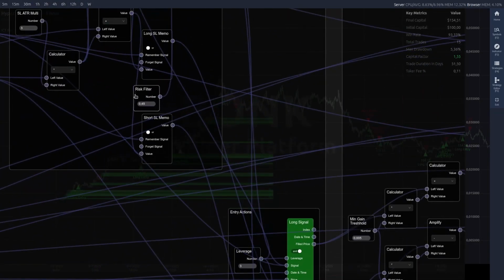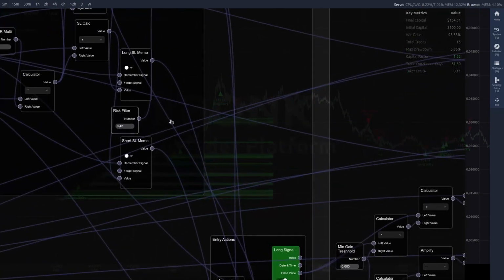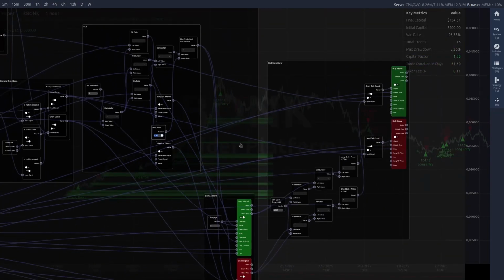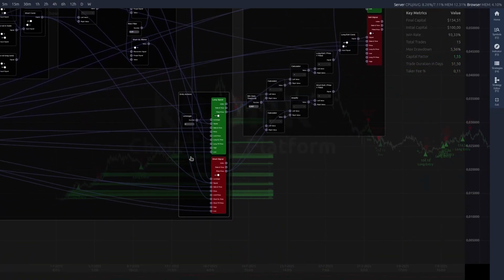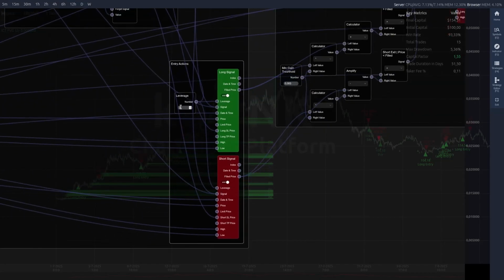I also have a risk filter: when the ATR, because the ATR is a volatility index, is too big, I don't join the trade, to reduce risk. I can backtest this also. And I have my leverage of 3 I can play around with.